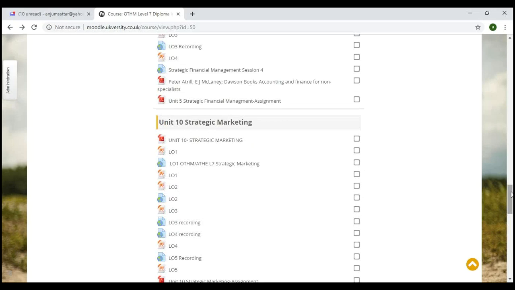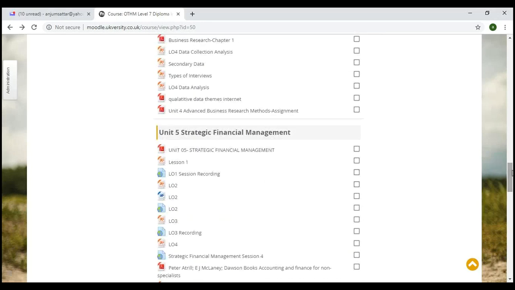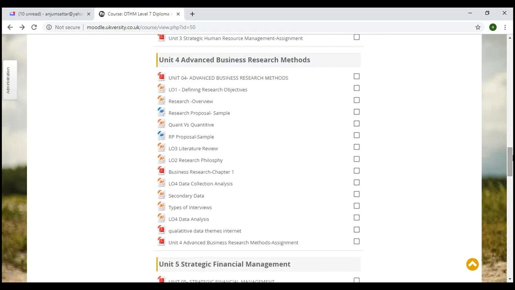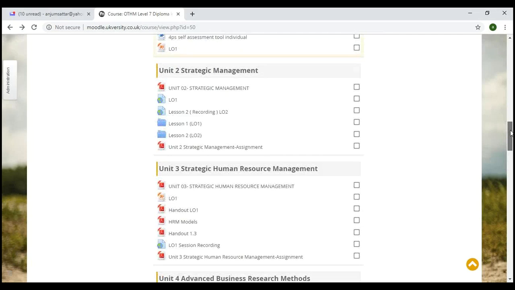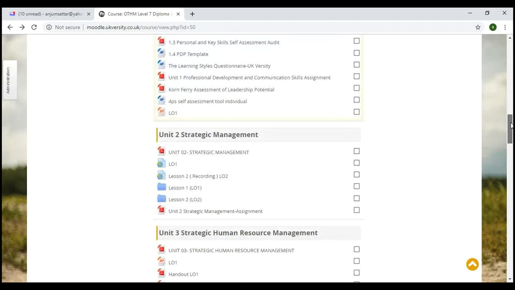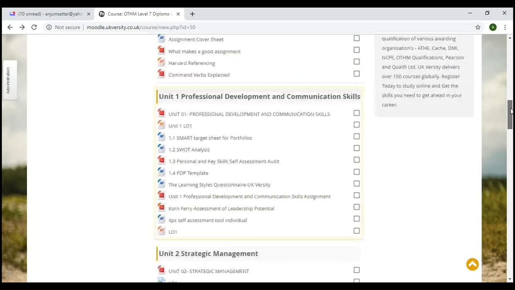We finished that. Financial, yes, we've done that. Advanced research methods, I've not really done this, but I can go through the recordings. It's okay, I'll do that. What about human resource management? No. Okay, maybe we can pick another. Strategic management, yes, we've done. And professional development and communication skills? No.